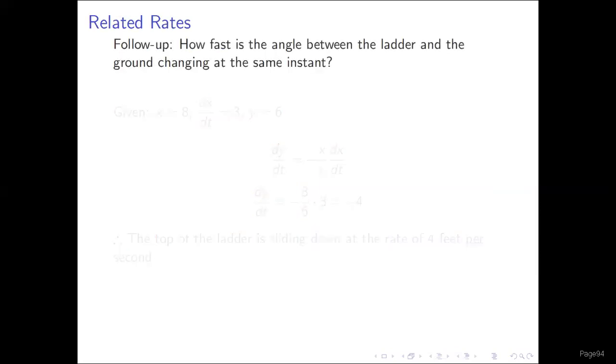And then we have this follow-up question. How fast is the angle between the ladder and the ground changing at the same instant given in the problem? So this is the graphical representation, the free body diagram, where now we are being asked for the rate of change of this angle, which we denote by theta.